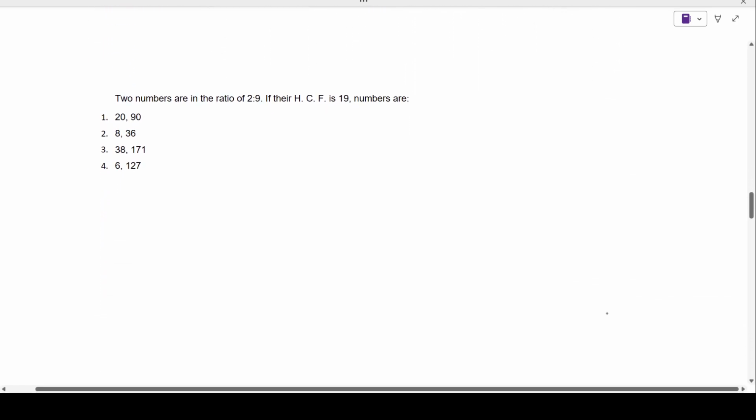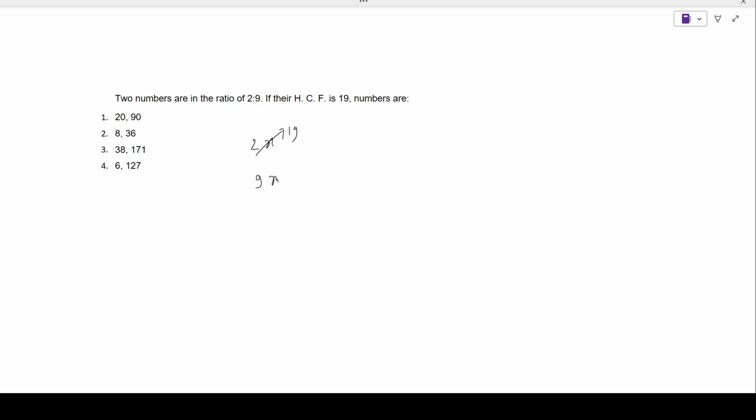Two numbers are in the ratio of 2 ratio 9. If their HCF is 19, the numbers are. Let's suppose the two numbers are 2x and 9x. It is said that the HCF is 19, which means the value of x is 19.